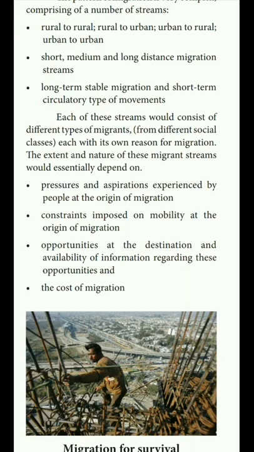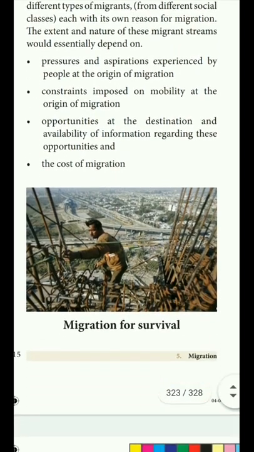Okay, so if suppose in their particular place the cost is high, or they want to buy more things, they will move to another area. For example, they will move to the rural area. Okay, so this picture also clearly explains the migration for survival. For living only they have moved.